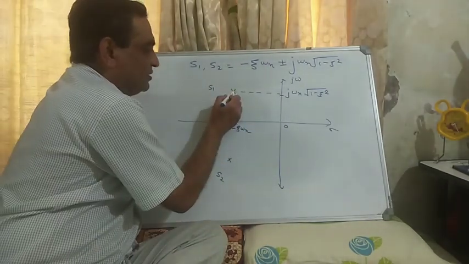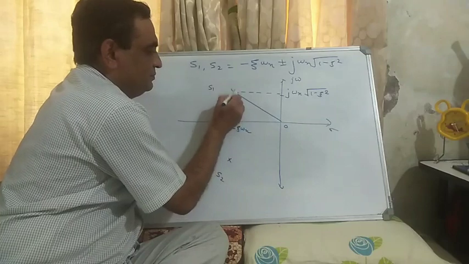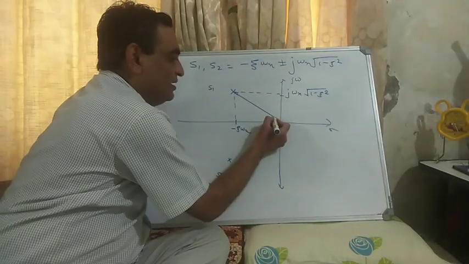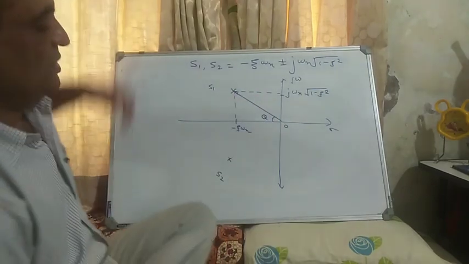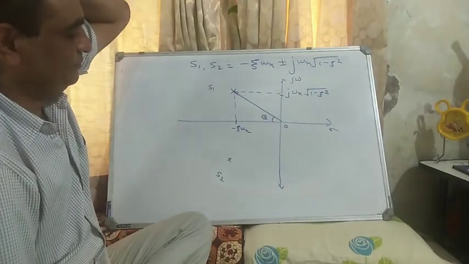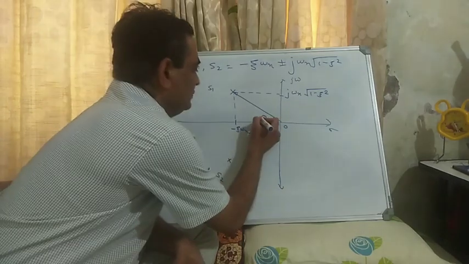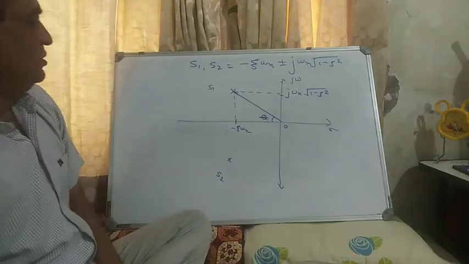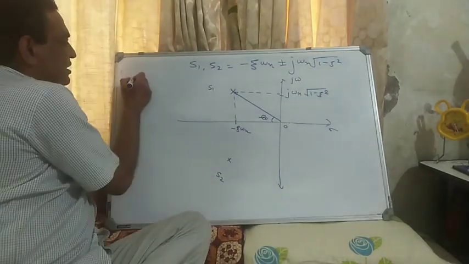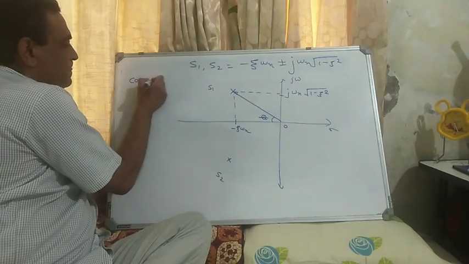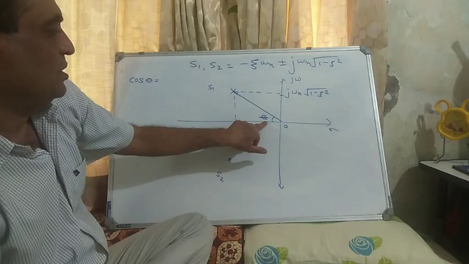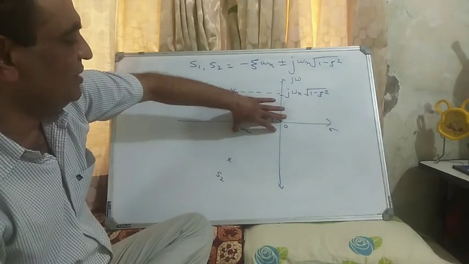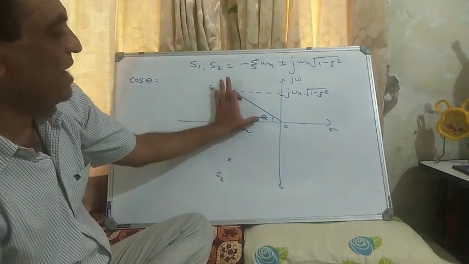Now what about this vector? What is this angle? Let's say this is theta. All right. So what is cos theta? Cos theta is adjacent side divided by hypotenuse.